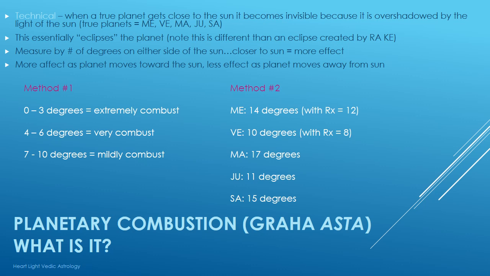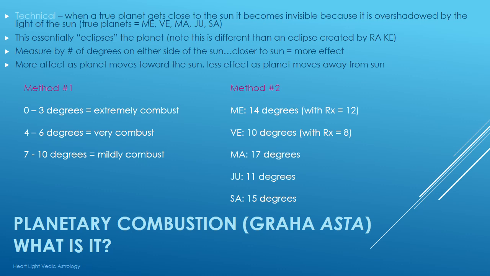If I'm just looking quickly at a chart and trying to see if there's combustion going on, I'll just see if a true planet is within 10 degrees of the sun. But I do give it a little bit more leeway. I don't exactly go by method 2 with 14 degrees or 17 degrees or 15 degrees, that sort of thing.